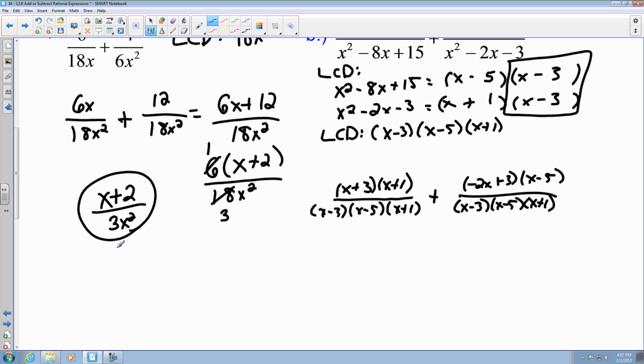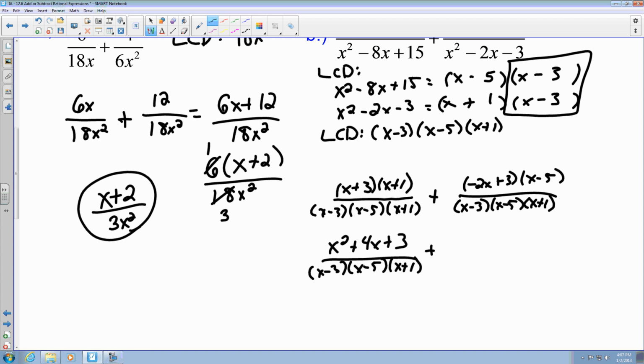So let's FOIL out both of our numerators. If we were to FOIL out the first fraction in our numerator, we would have x squared plus 4x plus 3 divided by x minus 3, x minus 5, and x plus 1.